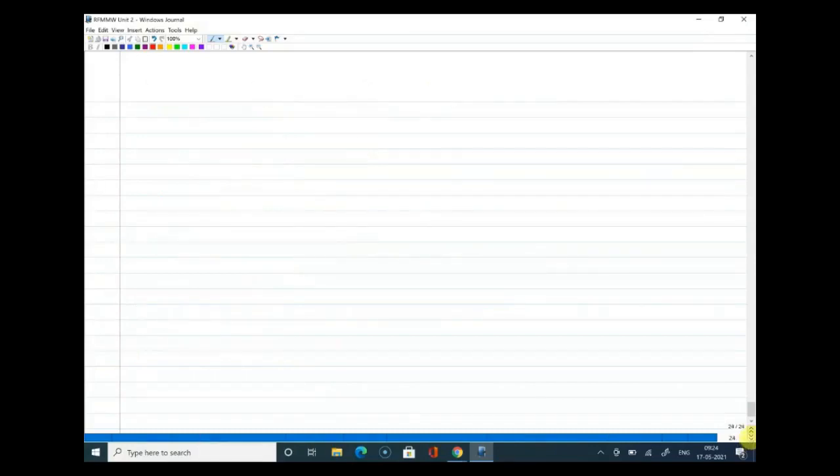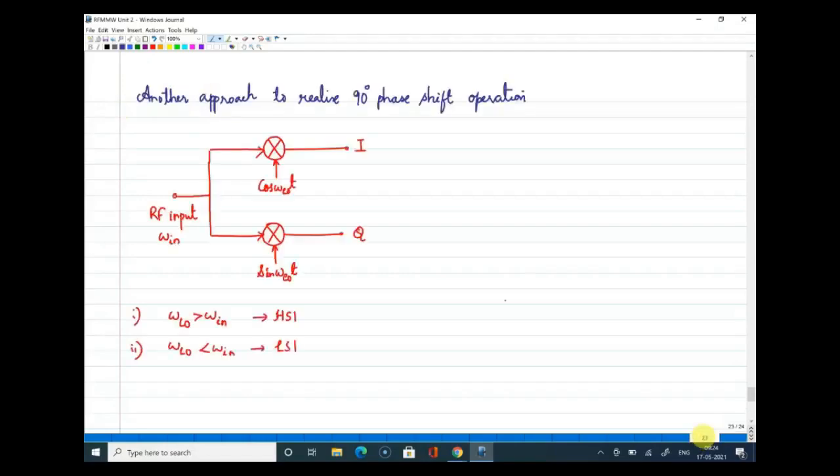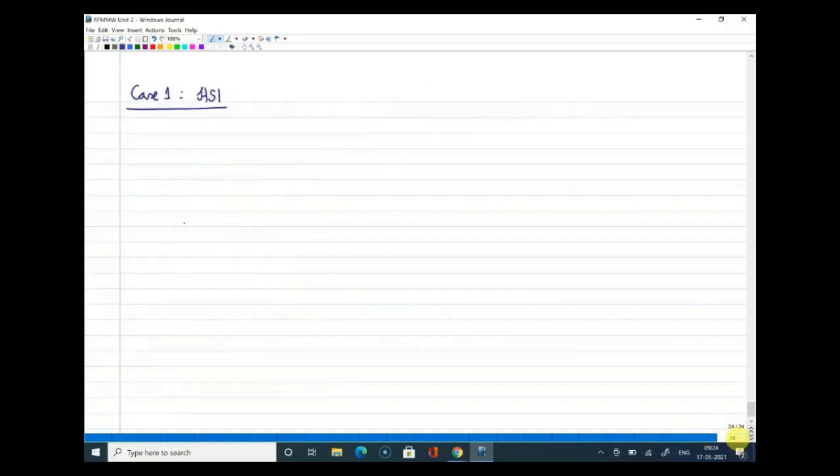There are two cases, and the first case I will consider is high side injection. You have this simple structure here, where there is an RF input and two mixers, and considering that the local oscillator frequency is greater than the input frequency, I'm looking at the in phase and quadrature phase components. Are you guys with me?